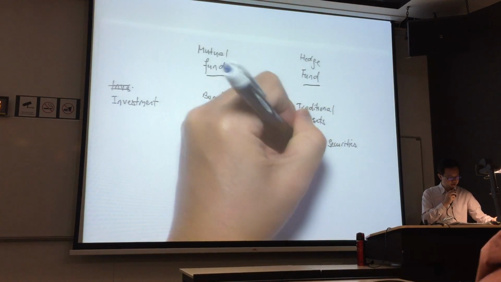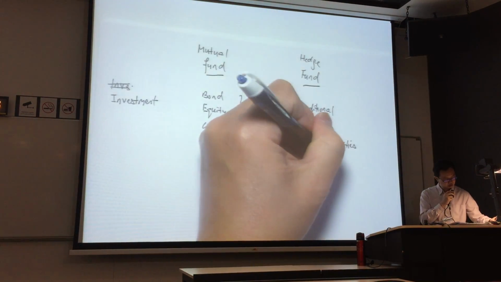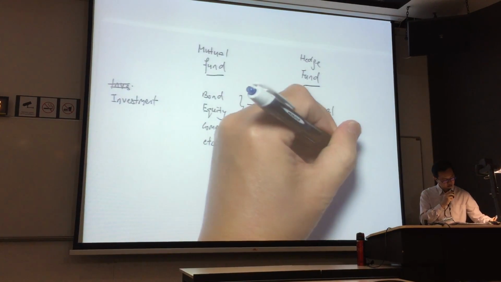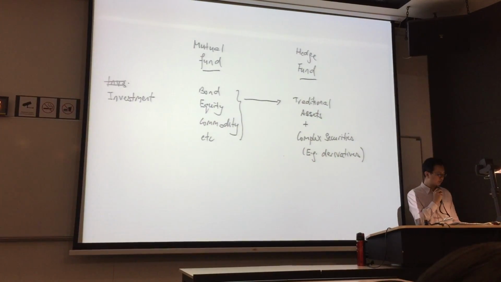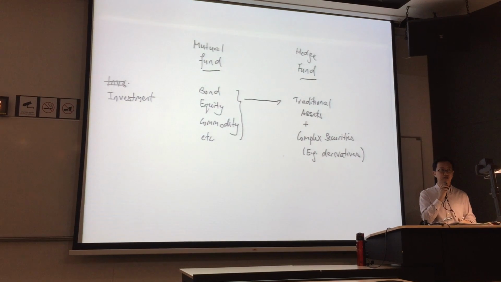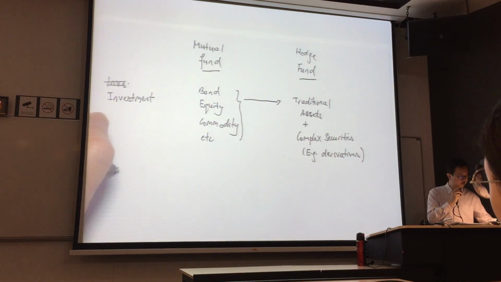Example, a structured product or derivatives. So besides, the instrument could be different from the traditional mutual fund. In terms of the investment strategy, it's also different.